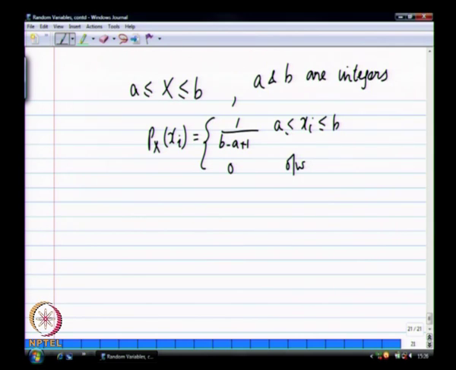This is also useful, though it is a very simple variable. Okay, so that ends the theory part.